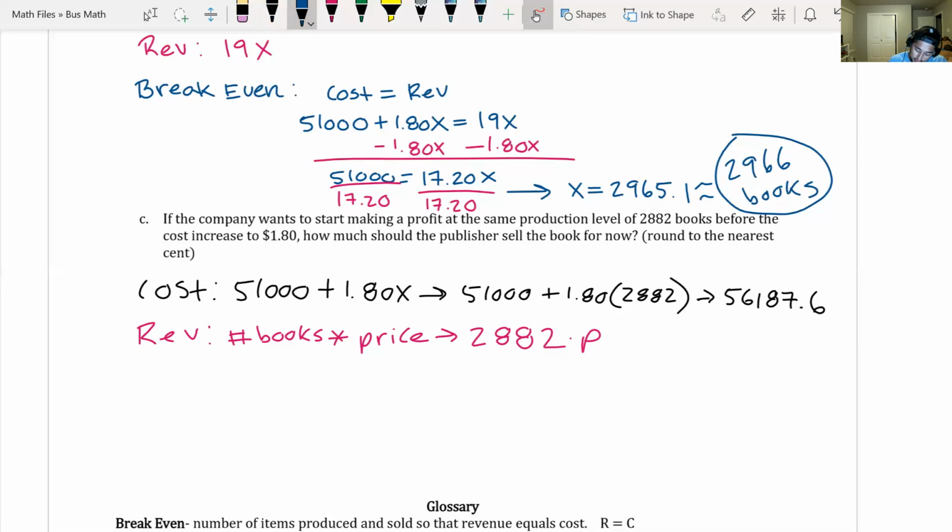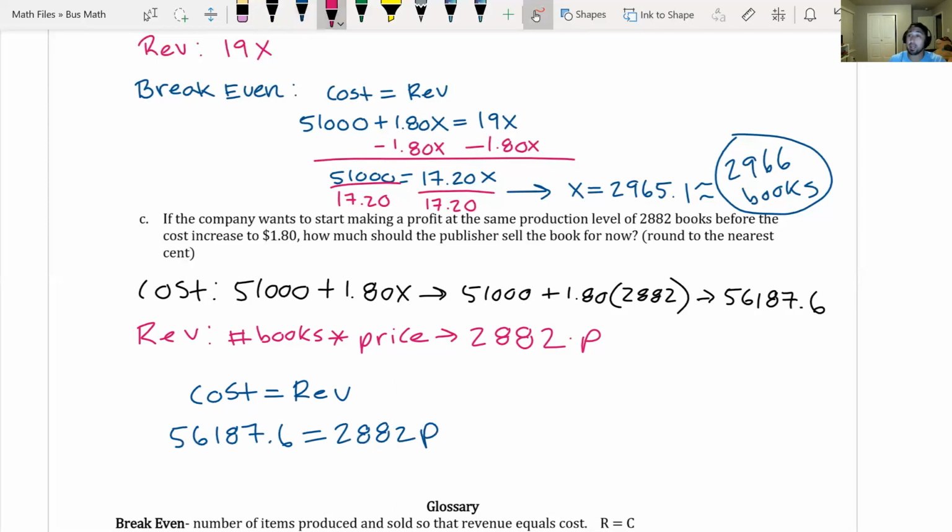Okay. And now, just like all the other ones, I'm going to set cost equal to revenue. And now my number for cost is there above, 56,187.6. And I'll set this equal to 2,882P. And all I have to do is divide by 2,882.